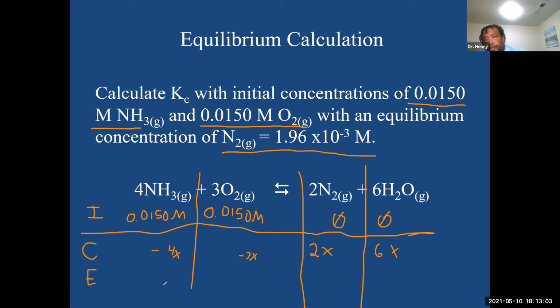Okay, so in this case, as I said, this is going to be your 0.0150 minus 4x. This guy is going to be 0.015 molar minus 3x. Then this guy, we know the value for it already, it was given to us. It's going to be 1.96 times 10 to the minus 3. And then this guy is going to be 6x.